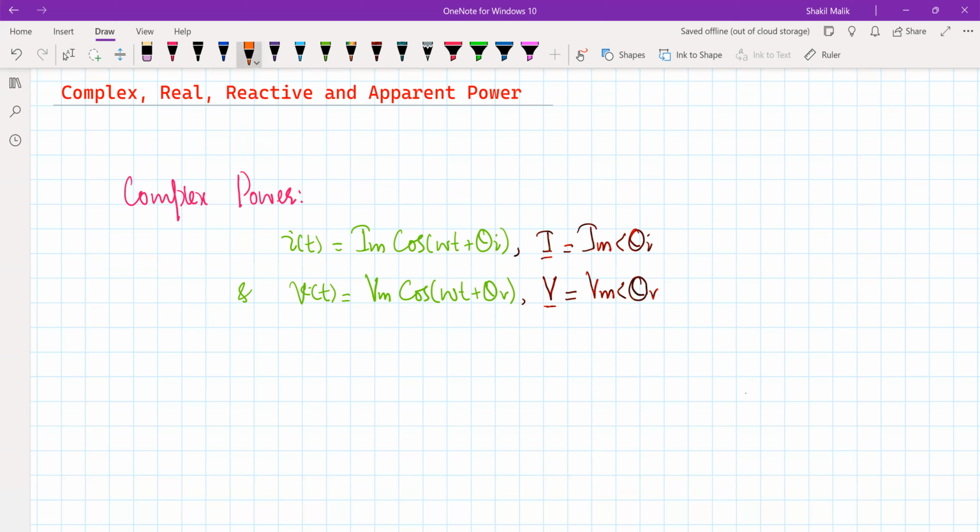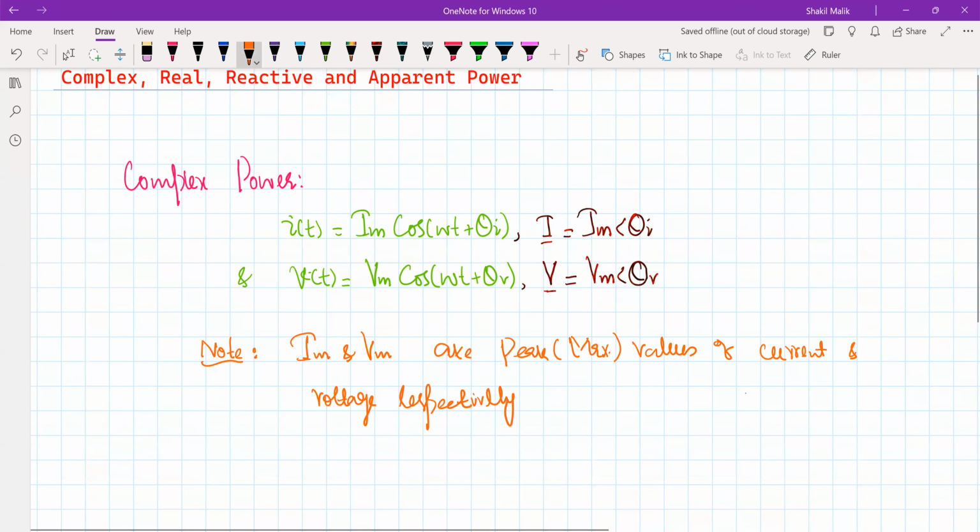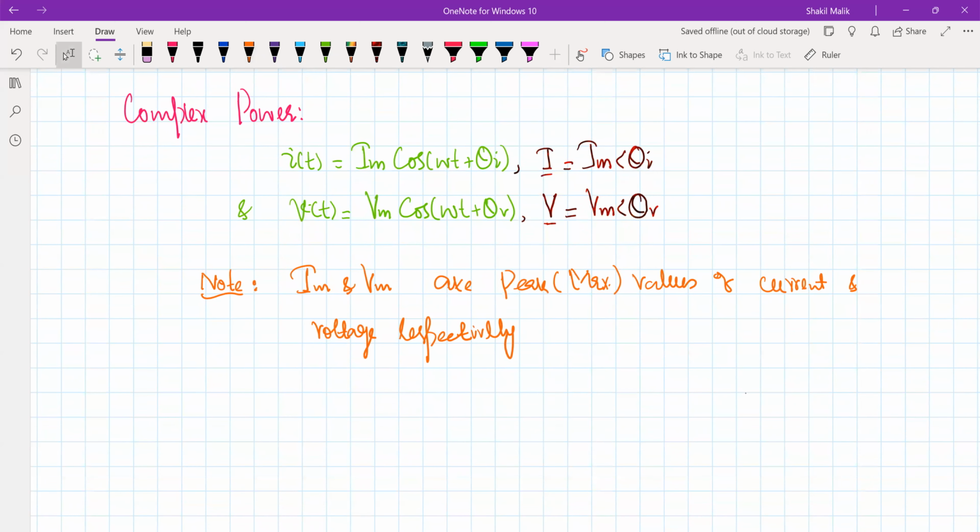One thing to note here is that we are assuming Im and Vm are peak values, the maximum values of current and voltage respectively. So we are assuming these are the peak values of this current and voltage.